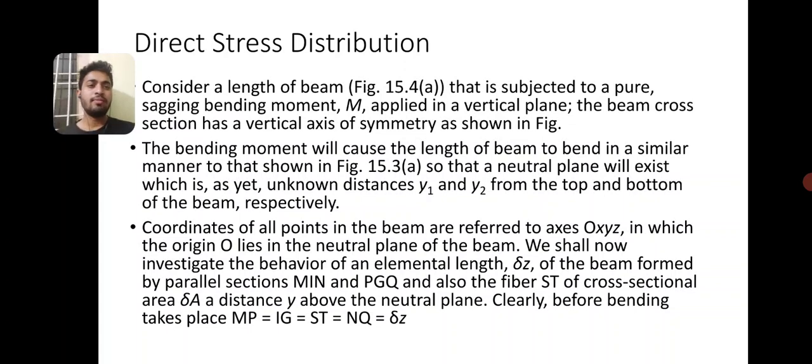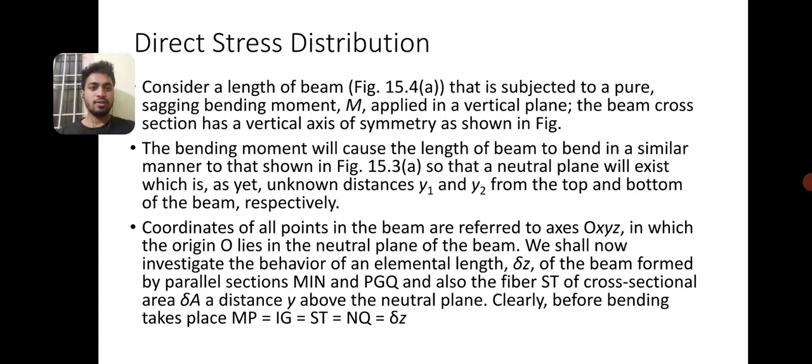Consider a length of beam that is subjected to a pure sagging bending moment M applied in a vertical plane. The beam cross section has a vertical axis of symmetry as shown in the figure. The bending moment will cause the length of beam to bend in a similar manner to that shown in the figure, so that a neutral plane will exist which is at as yet unknown distances y1 and y2 from the top and bottom of the beam respectively.